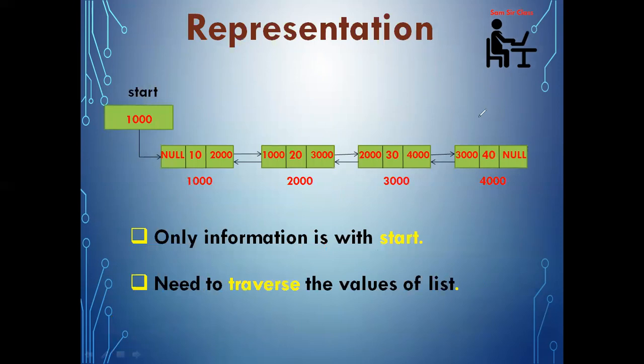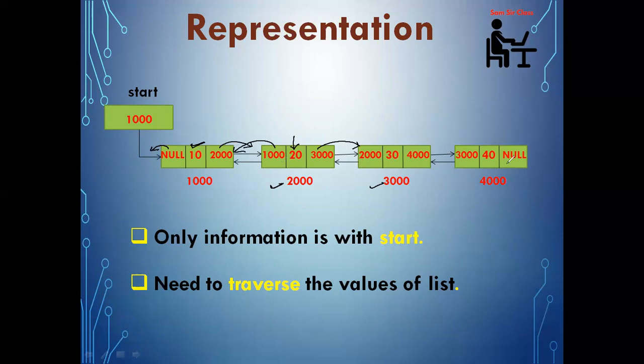Now every node is divided into three parts, where it is keeping the information, then the address of the next node, and the first node's specialty is it will keep the previous part as null. Coming to the 2000 node, it is keeping the information as 20, address of the next node is 3000, and address of the previous node, that is 1000.